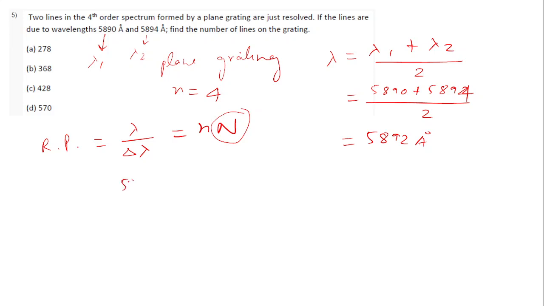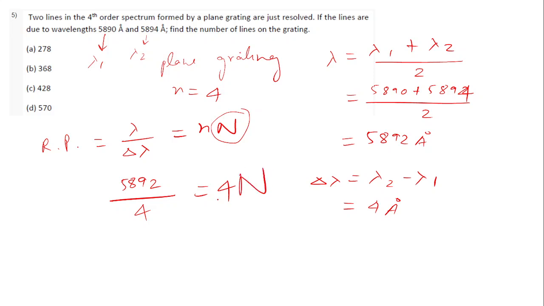Okay. So 5892 divided by the difference in these, delta lambda is lambda 2 minus lambda 1, which will be 4 angstrom. So here we will have 4. N is fourth order. We need to find out the total number of lines on the grating. So when we solve this, we will get 5892 divided by 4 times 4.